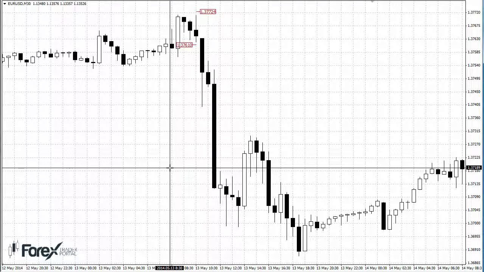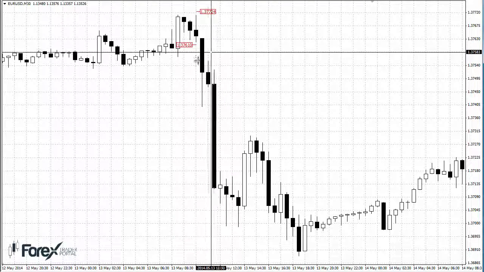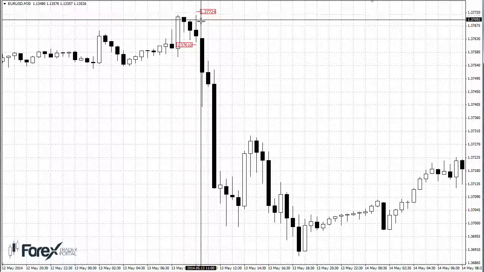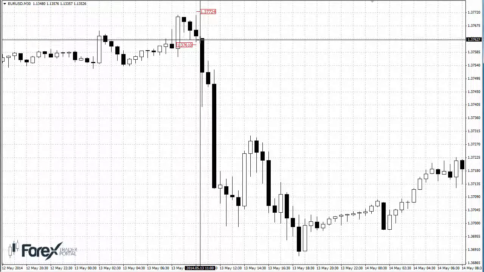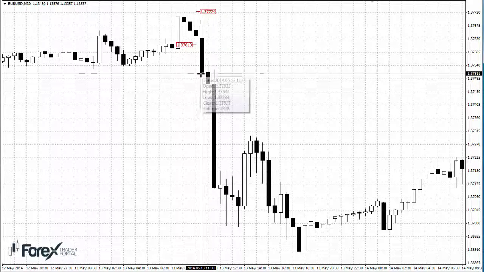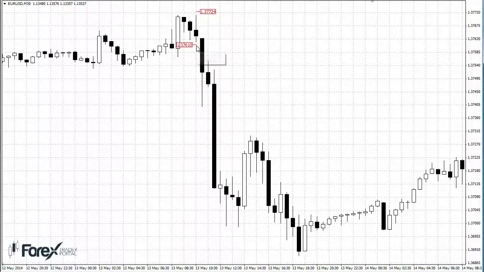So in the next example, we also place pending orders just above and just below the first closed half-hour candle after the opening of London. Well, here the price moves downward immediately.